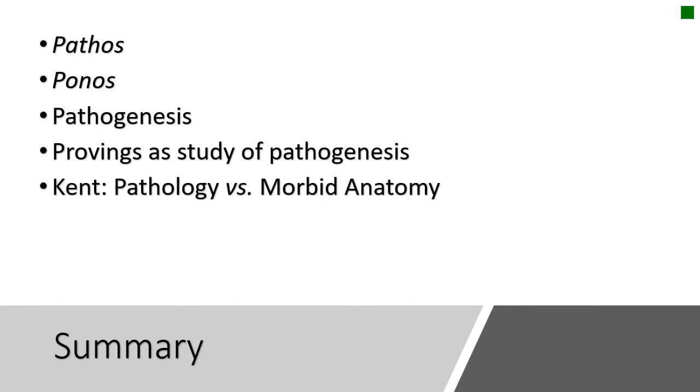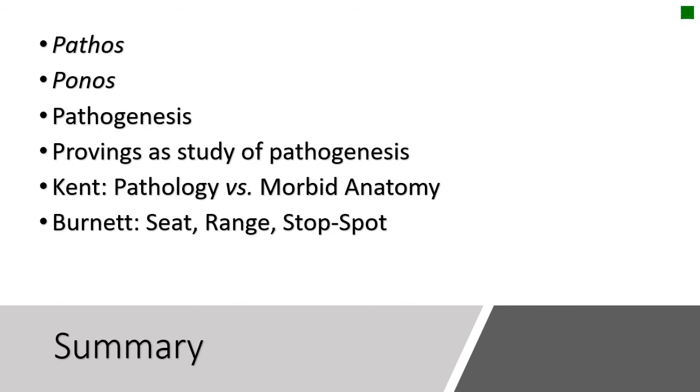We also saw what Kent has to tell us about pathology versus morbid anatomy. Also, Burnett's views on the importance of the seat of the remedy, the range and the stop spot. And finally, the importance of chronology, as was mentioned when we talked about Hughes' book on the pathogenesis.